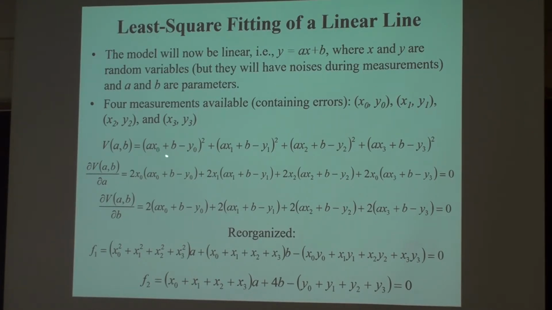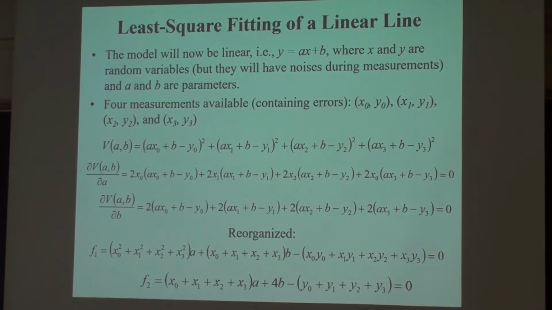I know x0, I know y0, I don't know a and b yet. So these become equations of a and b, with the 4 known points x0, y0, x1, y1. Even with 4 points or whatever points, you can always ask what is the closest line, even though the fitting is poor. And that line always exists.